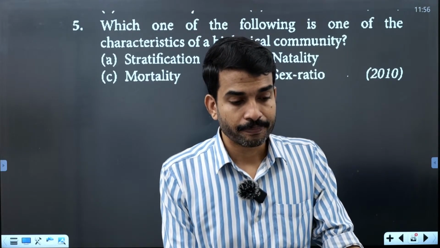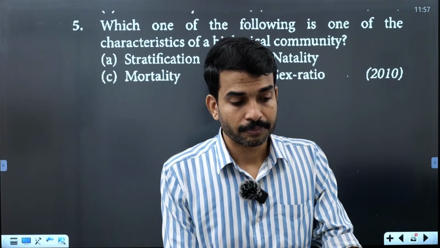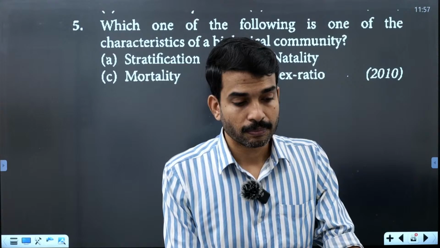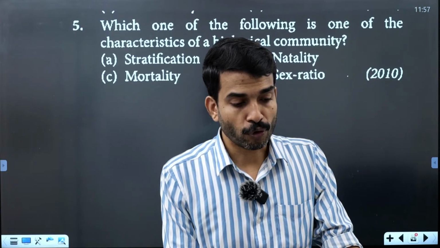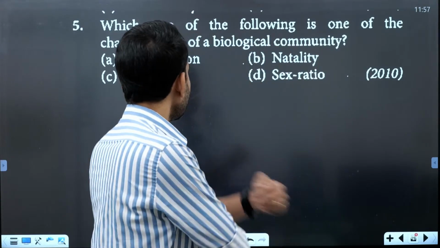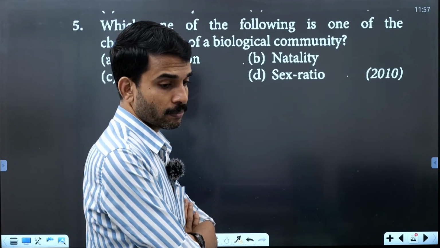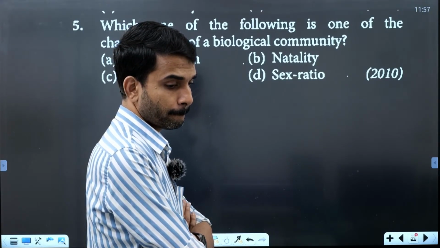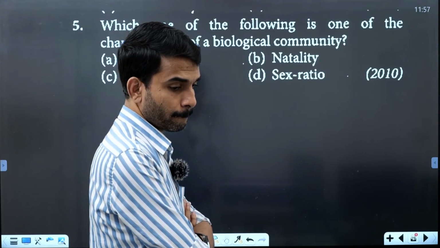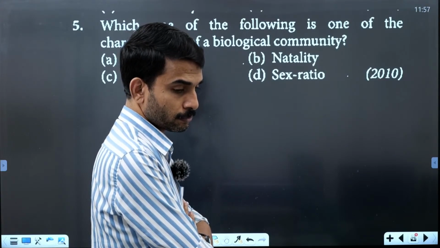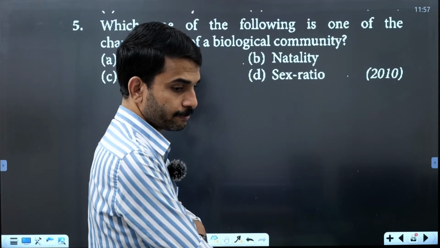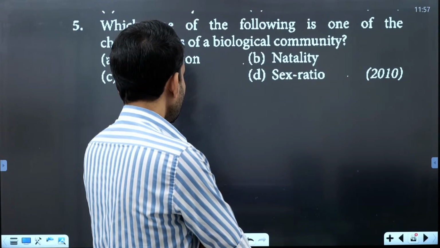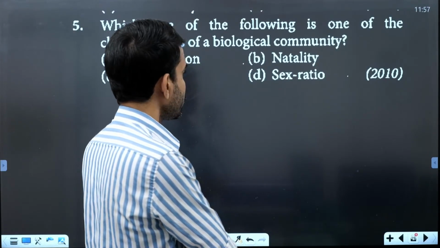You can guess. Question is about which among the following is one of the characteristics of a biological community? Stratification is there, natality we have, mortality, and also you can see sex ratio.